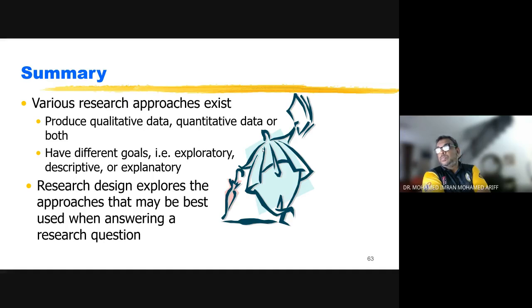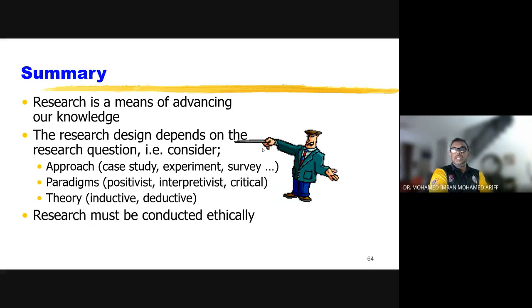You want to explore, you want to describe, or you want to explain. Explore is the best approach that may be used when answering a research question. Research is means of advancing our knowledge. The research design depends on the question.